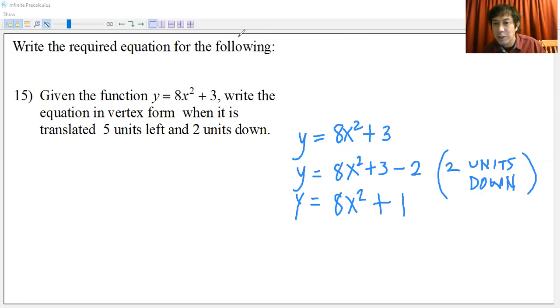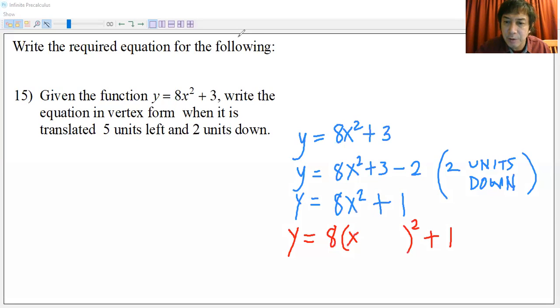All right, this is already down by 2 units. Now we still have to translate it 5 units to the left. If it's going left, it will be minus negative 5. So we will put that in the x. It used to be x plus 0 squared. That's why it's x squared.